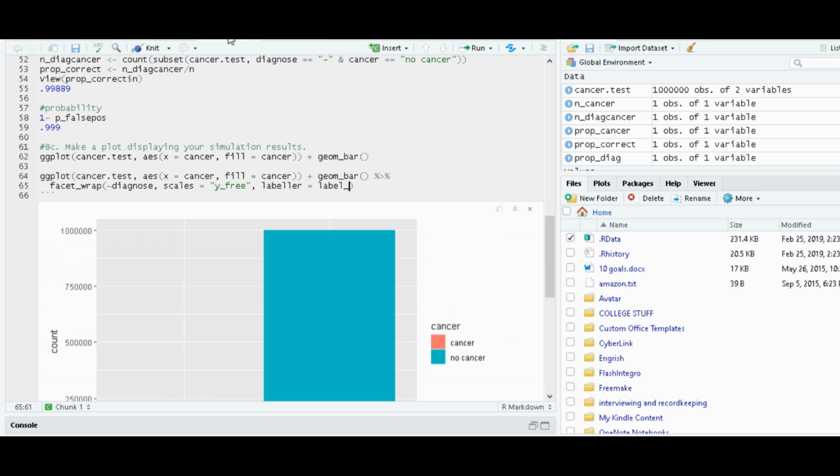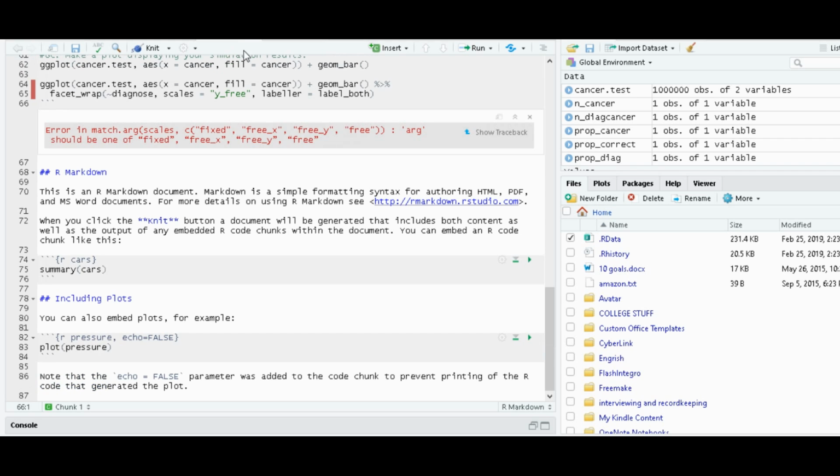We'll label both the graphs. Hopefully everything works out. Let's find out. Free y, there it is. I don't know why I did this, you guys. It was just supposed to be a positive. Whoops.